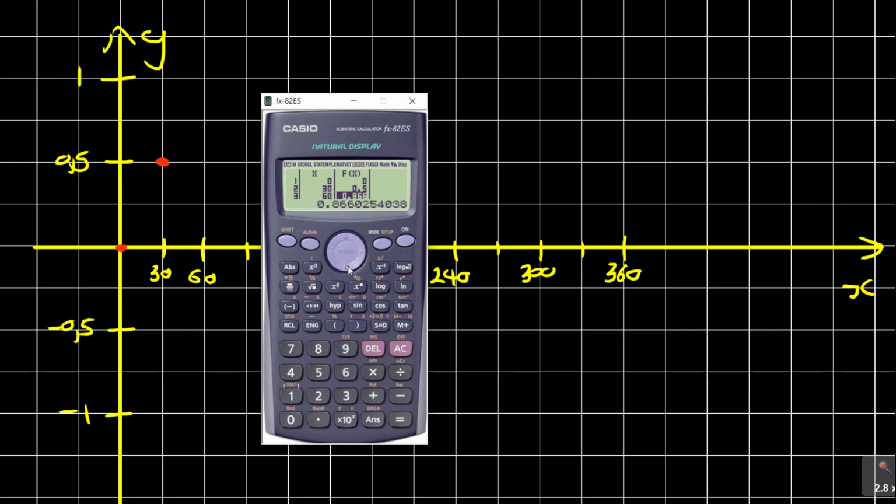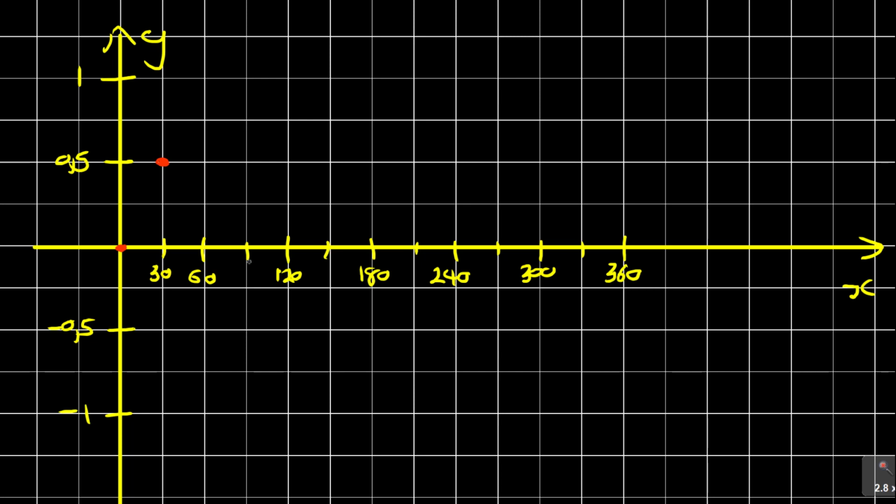And then I got down. 90 is 1. You can see the 90 is 1. I'm going to take that. 90 is 1. 150 is 0,5. So 90, which is here, 90 is 1, which is there. 150, which is here, is 0,5.